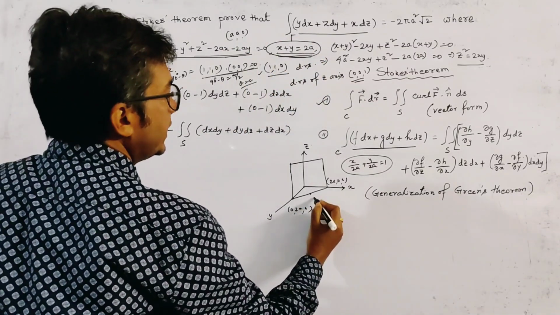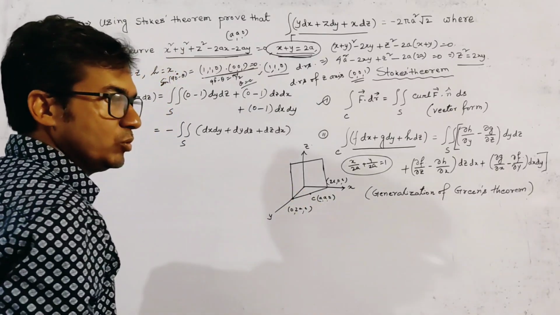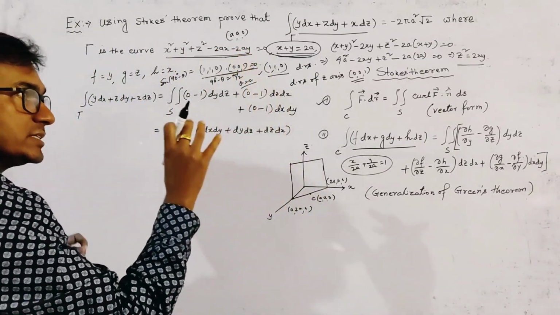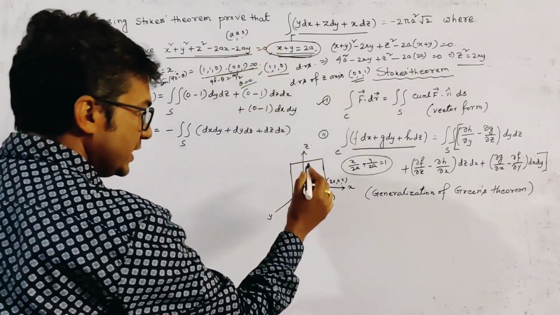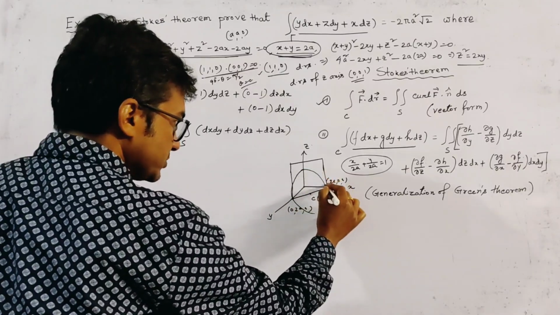So this is the center of the sphere, let it be C a, a, 0. Our surface is a circle, because the intersection of the sphere and the plane is a circle, and the circle looks like this.